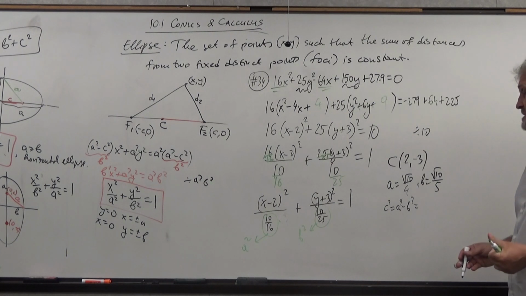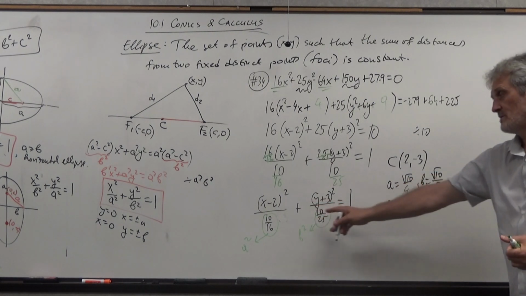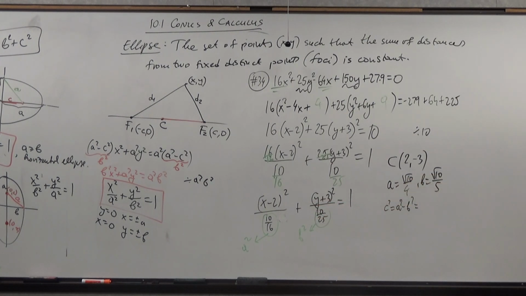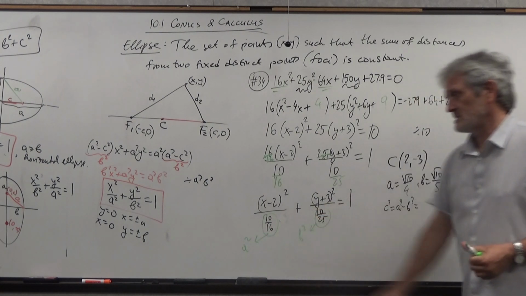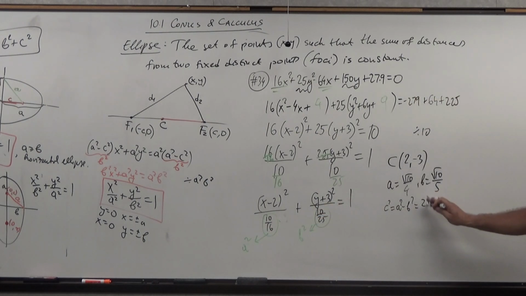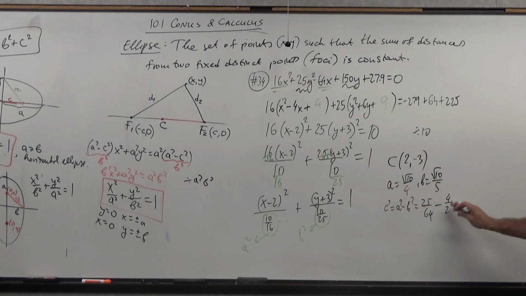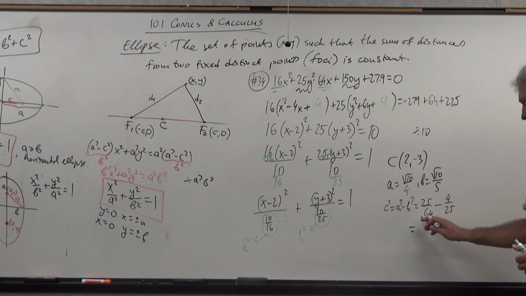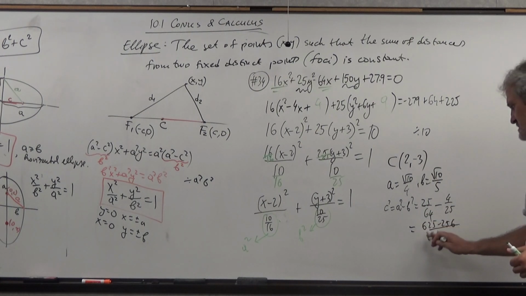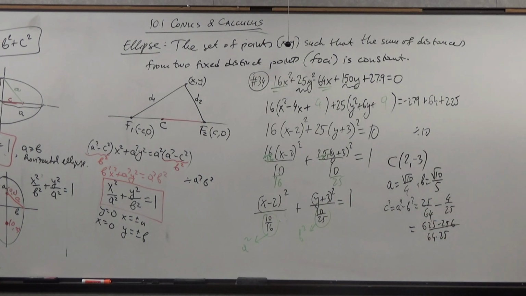Maybe it would be better if I reduce them, probably. So 10 over 16 is what, 5 over 8, so I'll get 25 over 64. Minus, this is 2 over 5, would be 4 over 25. On the top, when I cross multiply, I get 625 minus 256 over 64 times 25.